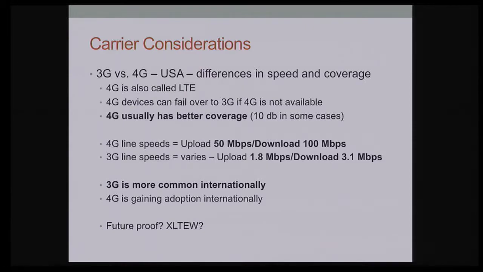The speed's also better. The carriers are saying 50 megabits download, 100 megabits upload, theoretically, I guess. Compare that to 3G, it's 1.8 and 3.1. If you're doing out-of-band management, primarily SSH, your speed needs may be different than somebody who needs to route traffic across that link when there's an outage.